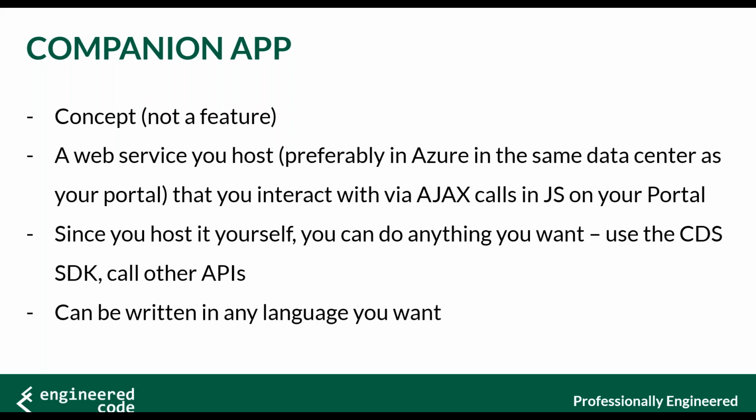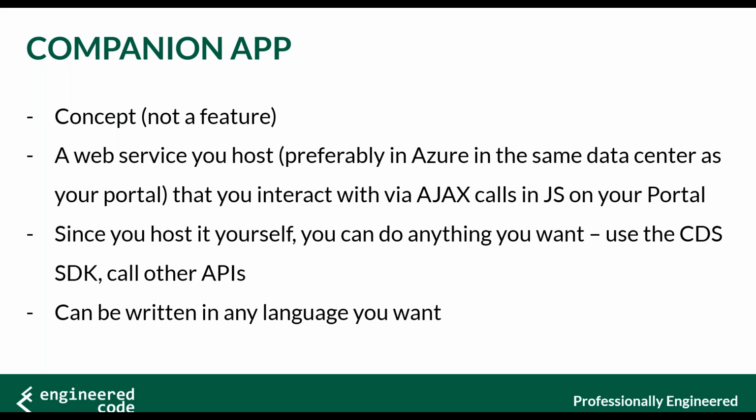But you can then make AJAX calls to your companion app and make whatever sort of calls you want. Now, since you host it yourself, you can do anything with it that you want. You can use the CDS SDK to make calls back to Dynamics or CRM or CDS or whatever you want to call it.